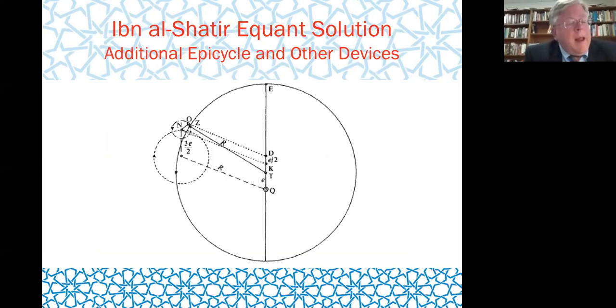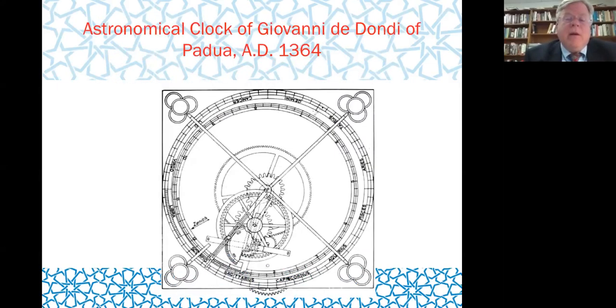consistency. In principle, this complicated mathematical model could be made into a mechanical model, like a giant clock, not unlike the famous clock made by the Italian clockmaker Giovanni da Dondi in the 14th century. This particular geared mechanism represents the motion of one planet.